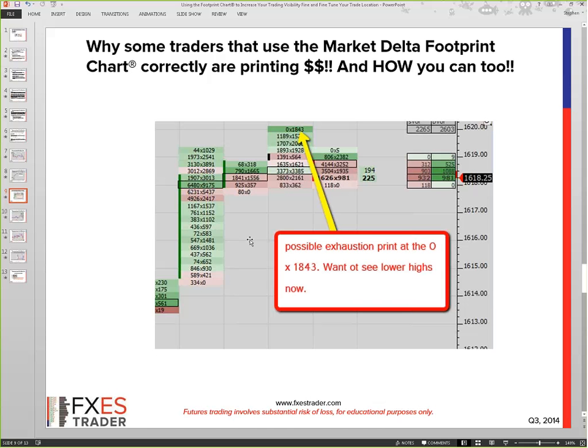So in a perfect world, what you'll see at the top is, let me just grab the pen here again. You'll see a zero by something at the top, and it'll be accompanied by two or three black bracketed boxes underneath it, and that'll be also the volume point of control, and even possibly a sell side imbalance, which you don't really see here.